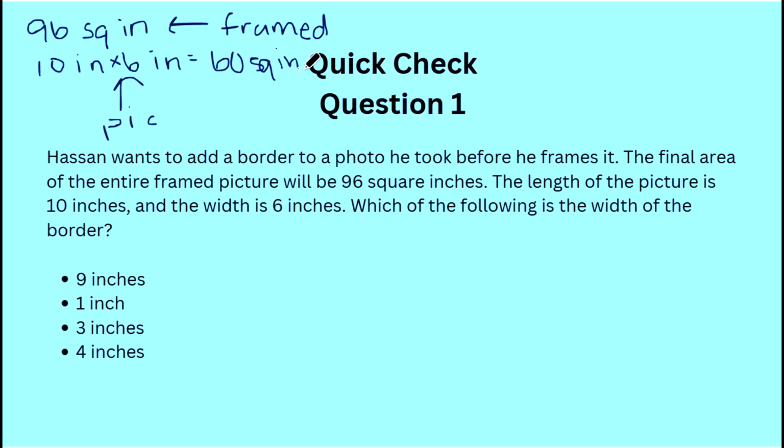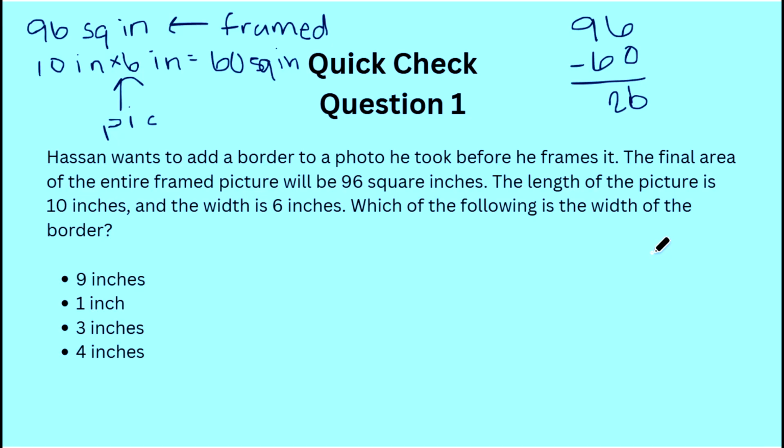So that means that the final product has 96 square inches. The actual picture is 60 square inches. So the difference between the two is going to be 26 inches. Okay? Can you see that? So, which of the following is the width of the border?